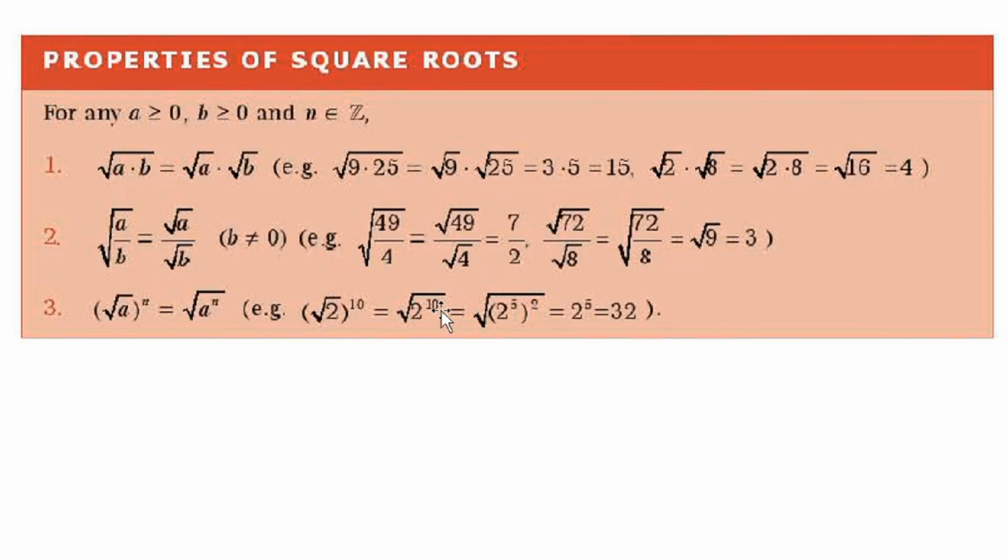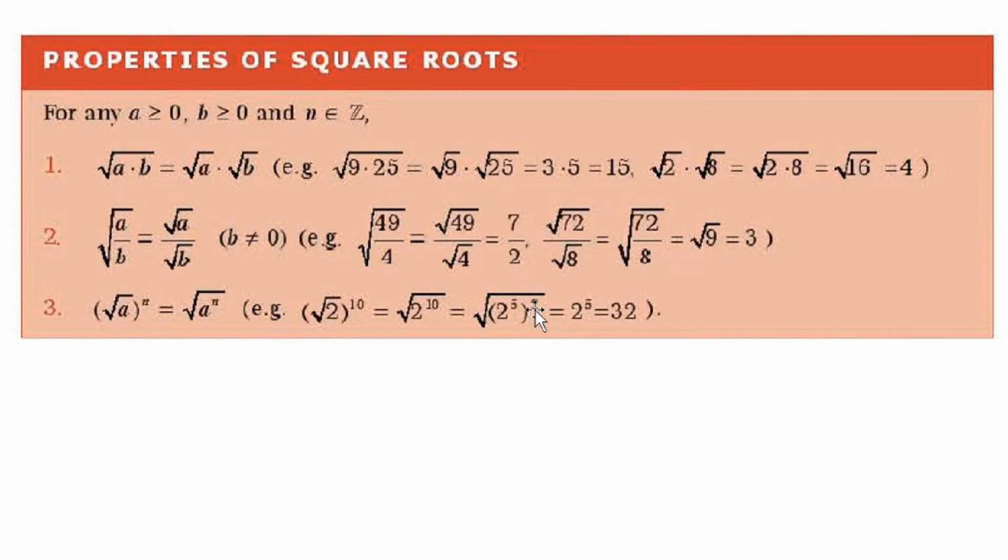To simplify that, in order for us to cancel the radical sign, we factor 10 as 5 times 2, because 5 times 2 is 10. Using the power to a power rule, we now have the square root of 2 raised to 5, quantity raised to the power of 2.